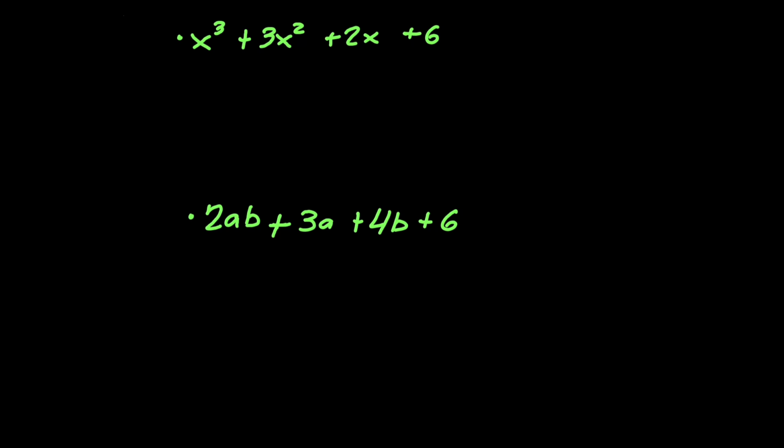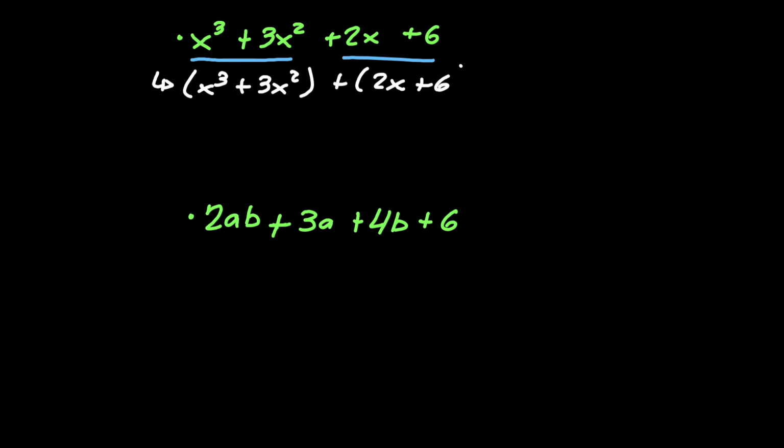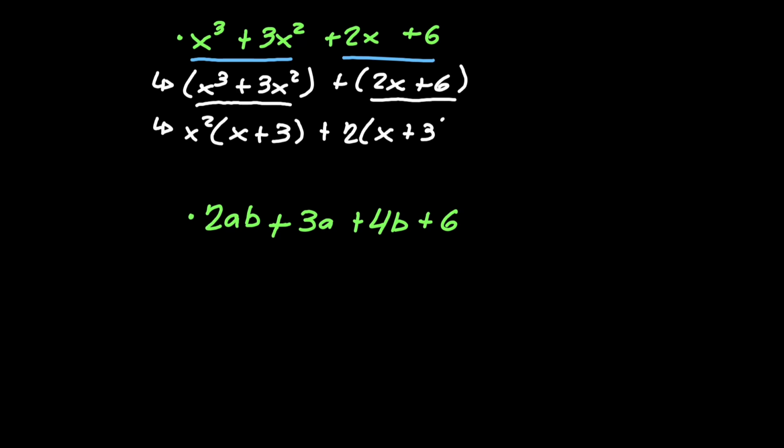X cubed plus 3x squared plus 2x plus 6. First is to group the 2 terms together. So it will be x cubed plus 3x squared plus 2x plus 6. The factored form of x cubed plus 3x squared would be x squared multiplied by x plus 3, plus the factored form of 2x plus 6 would be 2 multiplied by x plus 3.